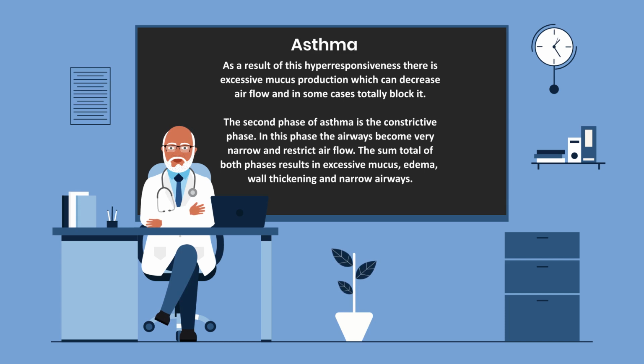totally block airflow. The second phase of asthma is the constrictive phase. In this phase, the airways become very narrow and restrict airflow. The sum total of both phases result in excessive mucus, edema, wall thickening, and narrow airways.